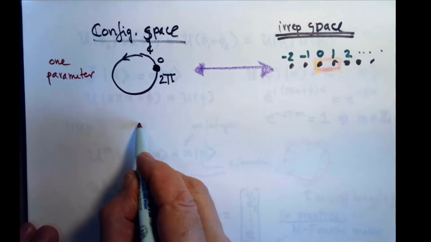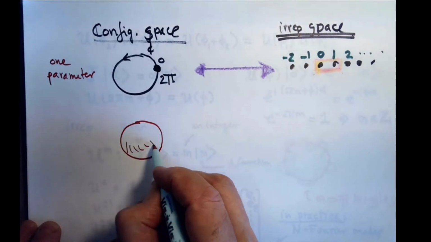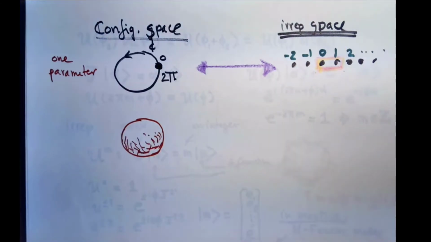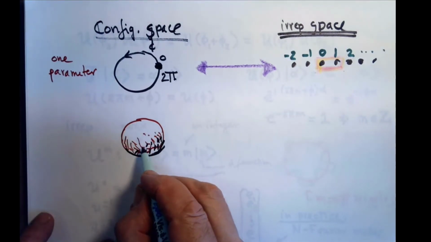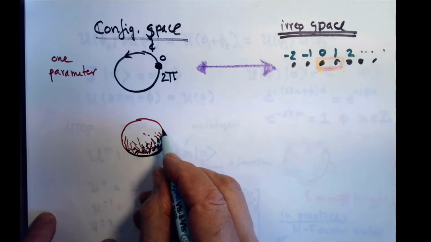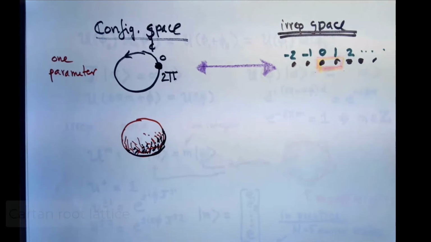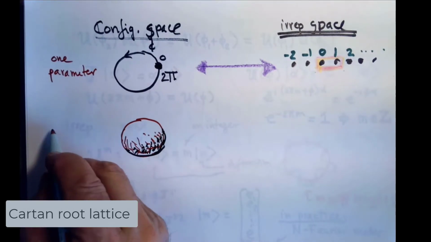For more parameters, morally, you think of the same thing, where we have more parameters. It immediately gets a little hard to visualize, because we'll have 3 parameters of rotations, so it's not just a surface. You have to think a little harder, but for our purposes this is good enough.